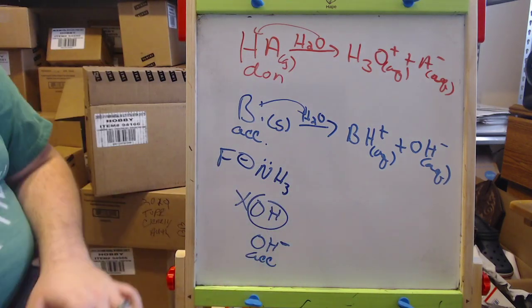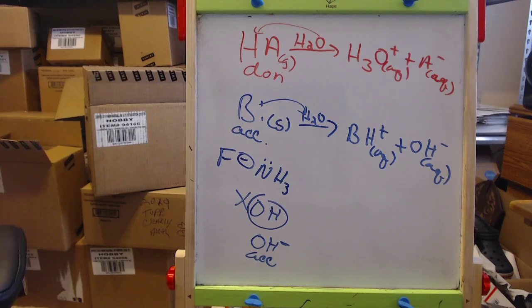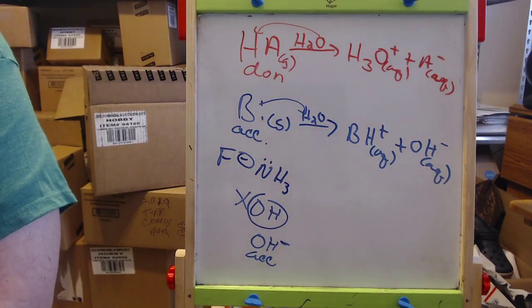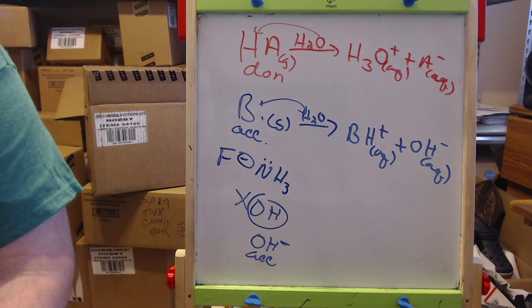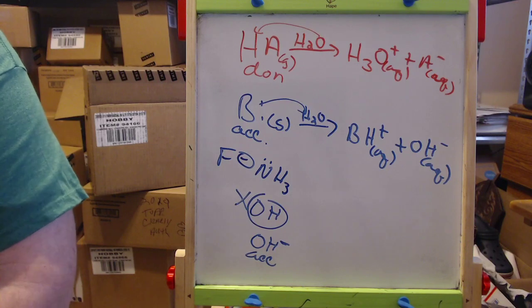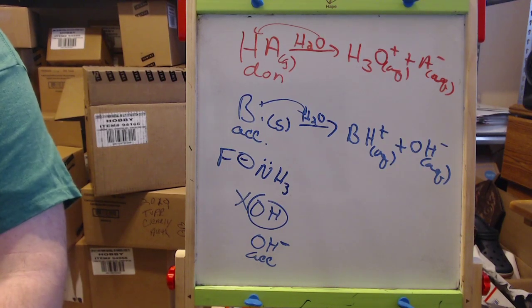So all classical bases are Bronsted-Lowry bases. So all classical acids are Bronsted-Lowry acids. Period. If I'm an acid, I'm both.